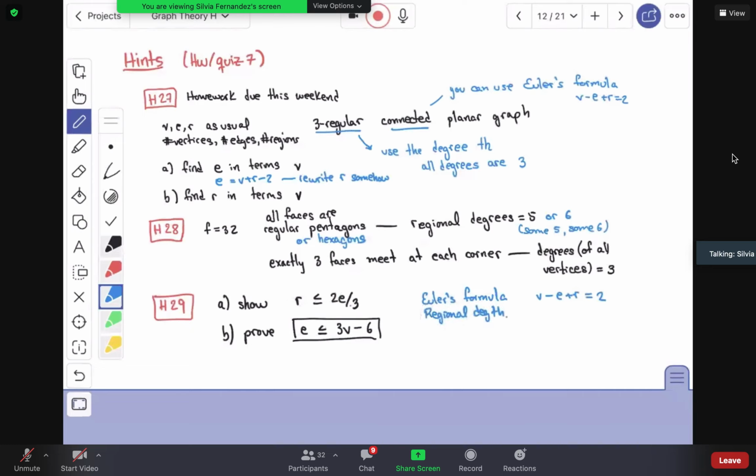So now you have the sum of the RIs from i equals 1 to R equals 2E, right? So what is 2E over 3? You really want 2E over 3. And how can you bound the RIs? You want to use the note to bound the RIs. Put everything together.